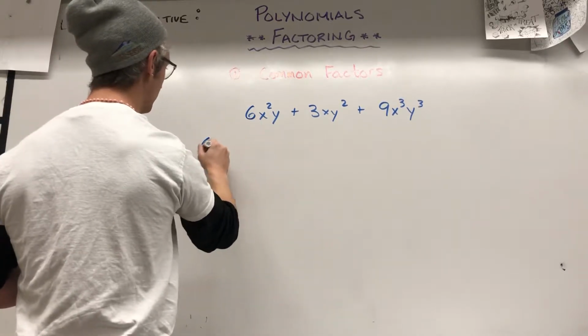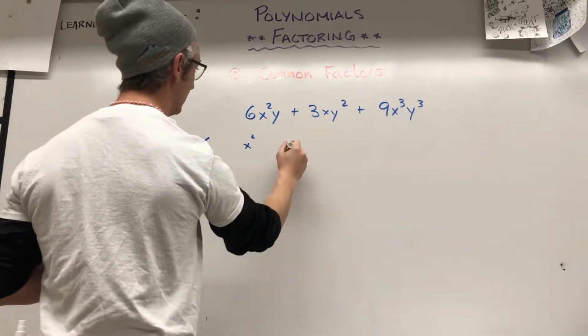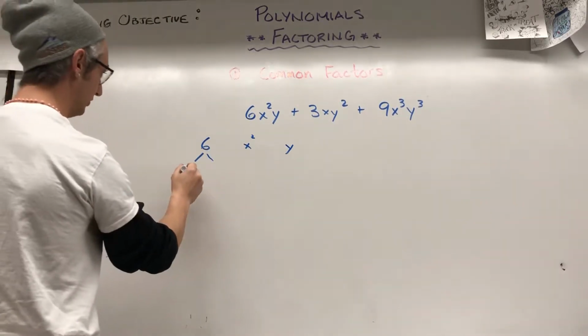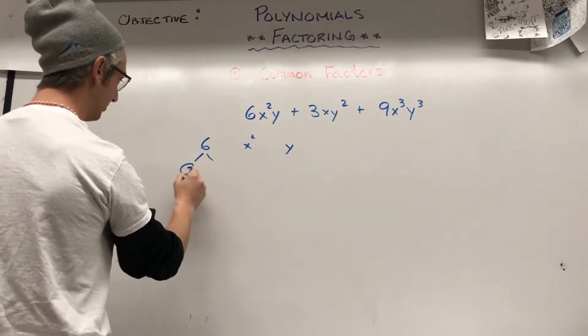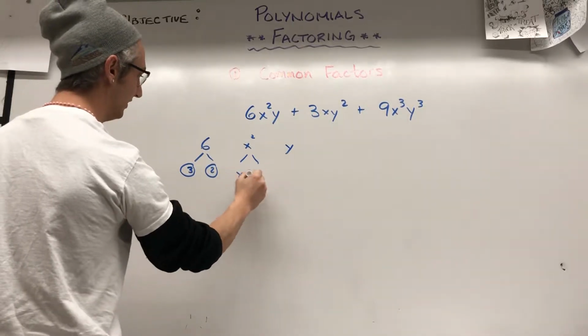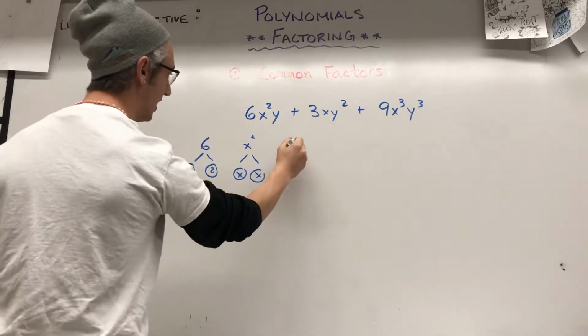6x squared y, I would factor each. So 6 would factor down to 3, which is a prime number, and 2. X would factor down to 2 x's, and then y is already prime.